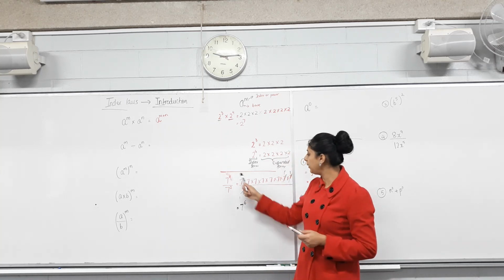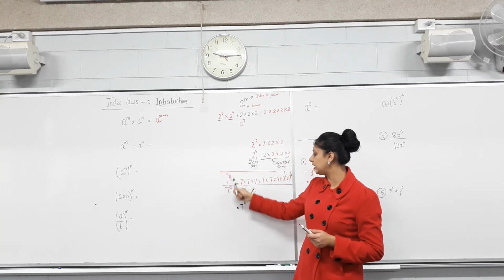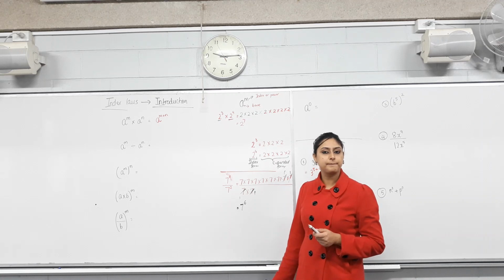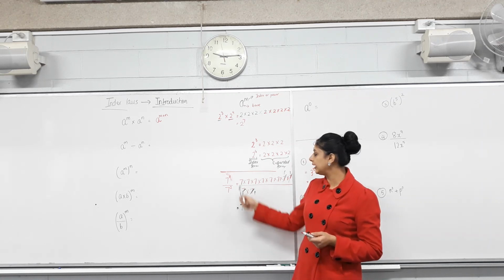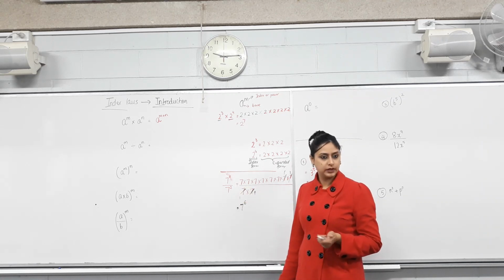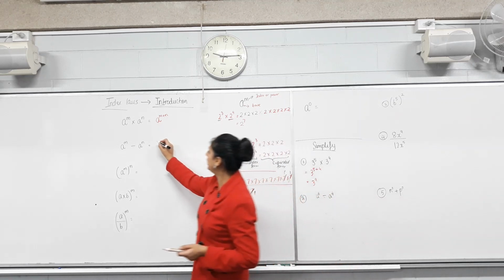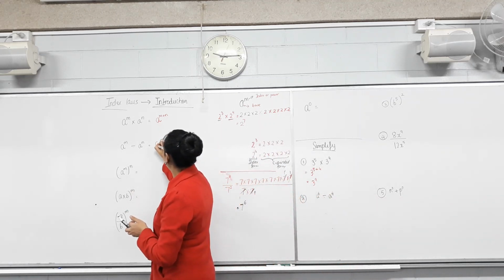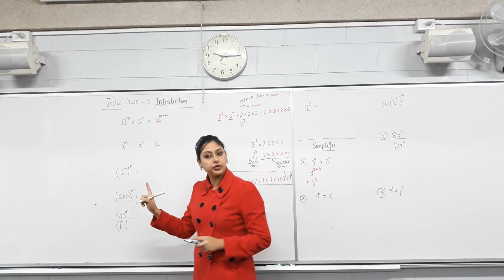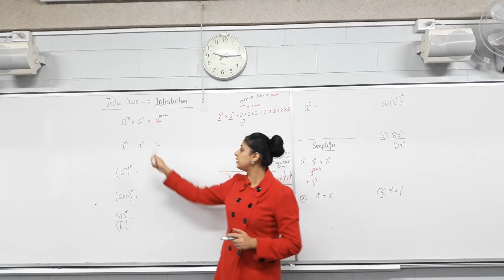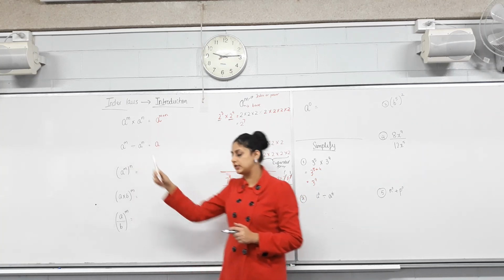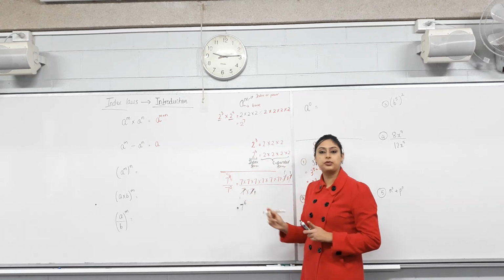Yes. What happened to the powers? What's the relationship between these two powers and the answer? Exactly. Isn't 8 take away 2, 6? Yes. So can I then write a to the power of... now, in subtraction, order is important. Will I do m minus n or n minus m? So which power gets subtracted from what?